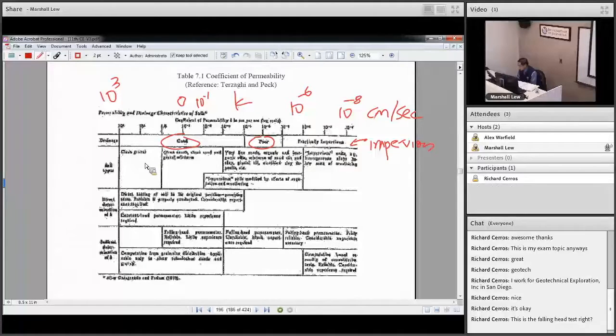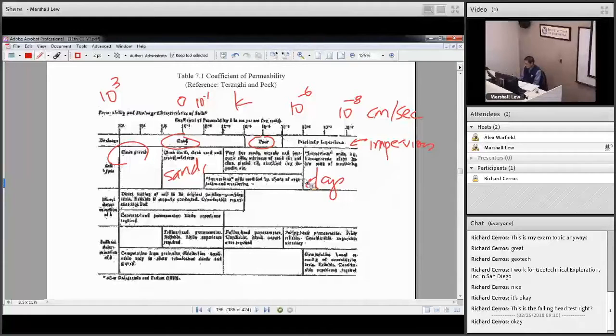He found that it equals k times i times A, where k is the coefficient of permeability, which is unique to each soil he tested. i is the hydraulic gradient, defined as the head difference divided by the length of the soil sample L, which is essentially the length of the path the water particles have to travel through the soil sample.